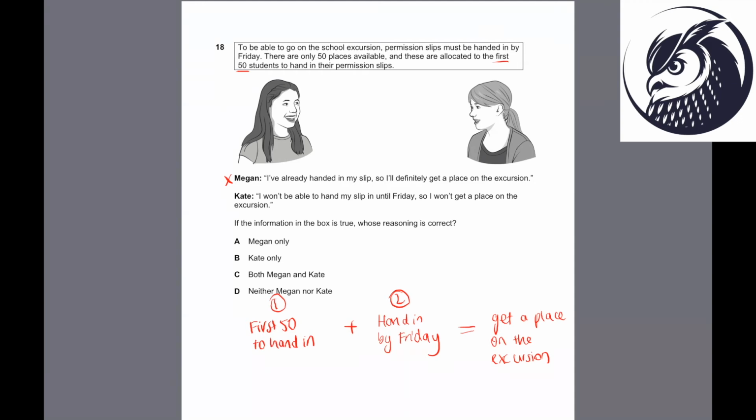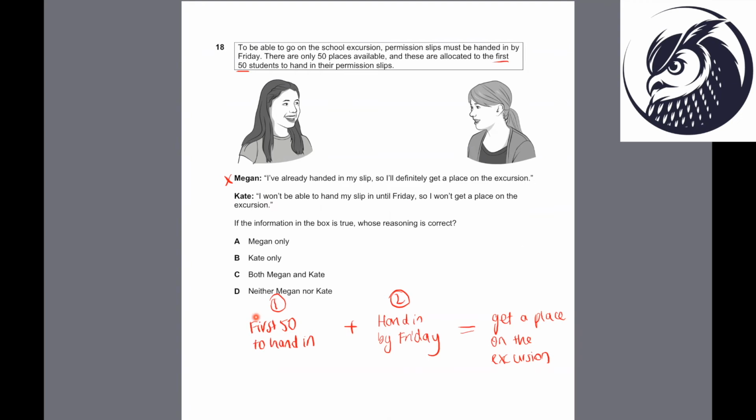So first of all, Kate hasn't even mentioned anything about whether she was in the first 50 to hand it in. Again, you're not completely sure whether Kate won't be able to get a place in the excursion. She says, I won't be able to hand in my slip until Friday. So on the day of Friday, she might have handed in her slip, and she could have still been the first 50 to hand it in.